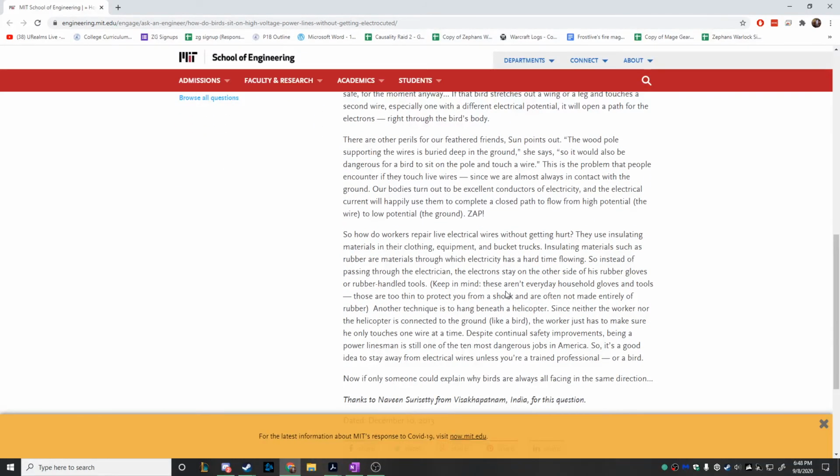Okay. We'll talk more about this and the idea of what a ground is. Well, it doesn't just have to be the Earth, right? They need a connection to something that's lower voltage. The Earth could be one of those things, for sure. They're also saying the pole could be one of those things, too. It can be anything. The air is different, because it's an insulator. So just touching the air isn't really going to work.